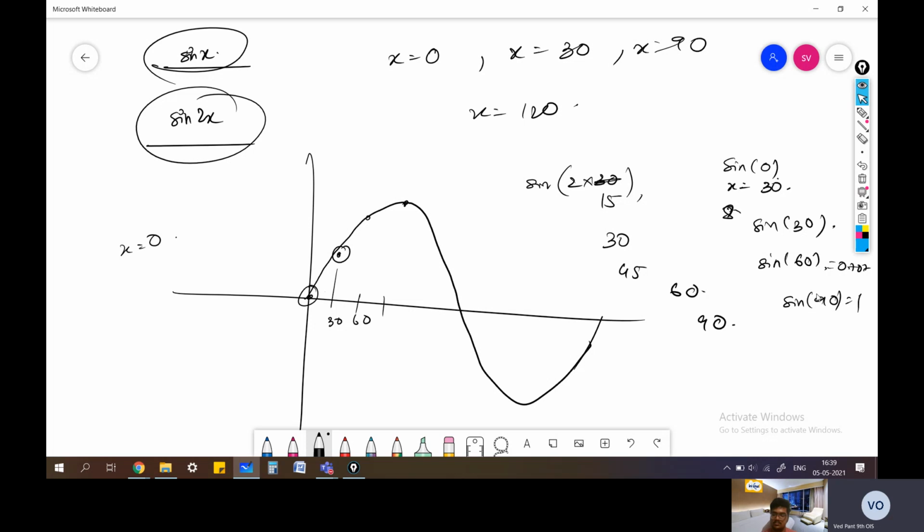So sin 2x, where sin x is 30, sin 2x has the same amplitude at 15. So it's like double the frequency. Now draw the full graph.